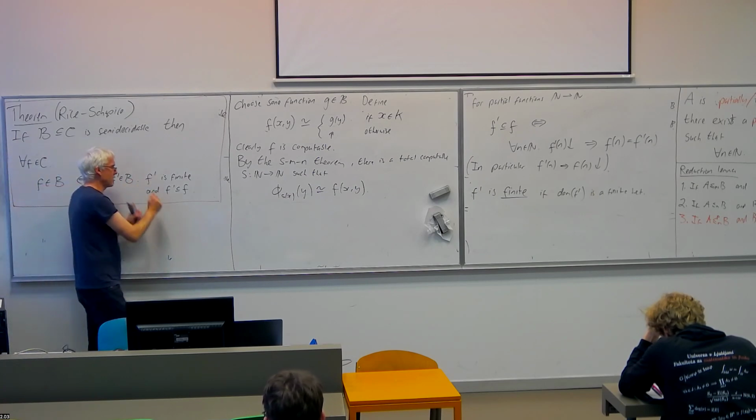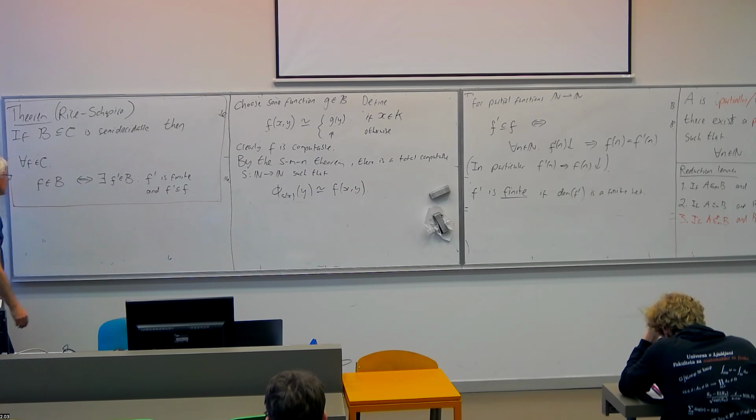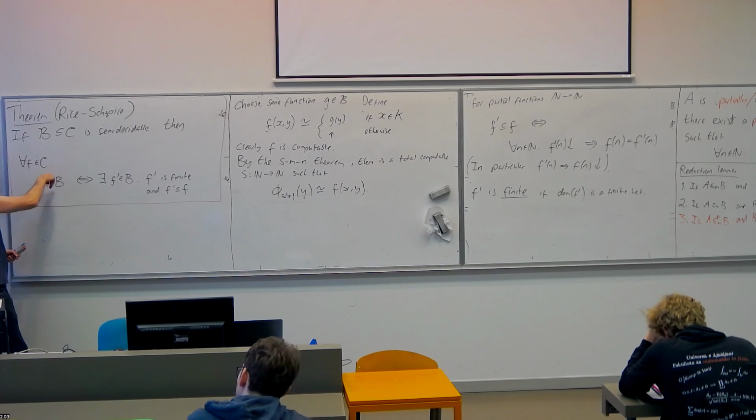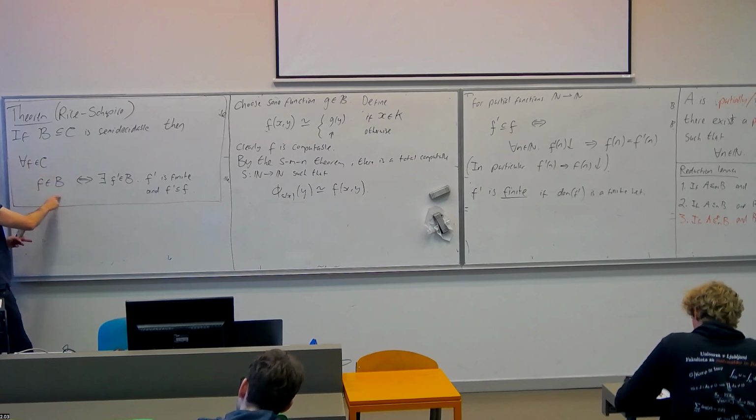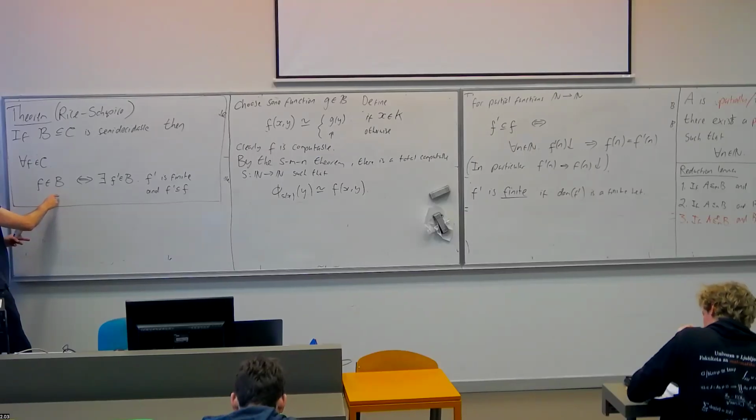So lots of sets can be proved to be not semi-decidable using this statement here. And just one other remark to make: this is an if-then. It's not true that every set B that satisfies this condition is computable.